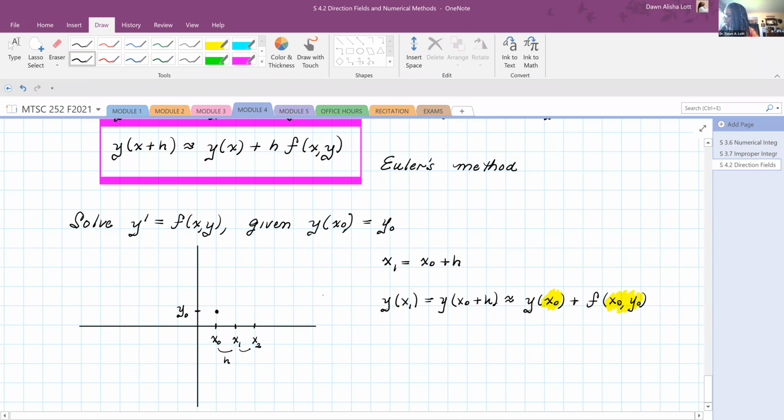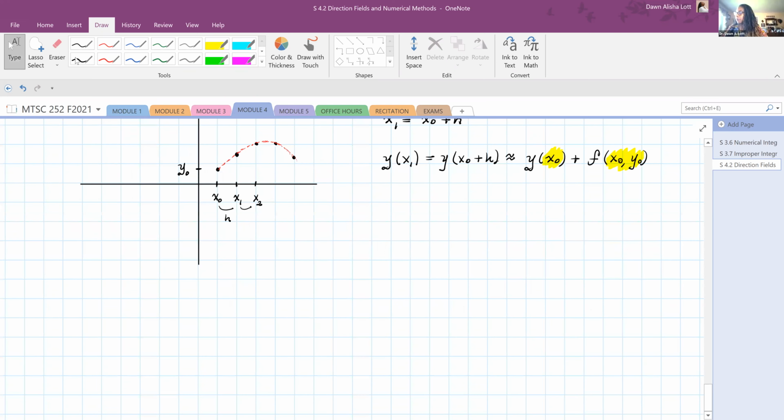So therefore now I can find y1. If I put y1 in, I can find y2. If I put y2 in, I can find y3. If I put y3 in, I can find y4, and I can then get a picture that's going to tell me what my solution of the differential equation is going to look like based on my starting point. Okay, that's called Euler's method.